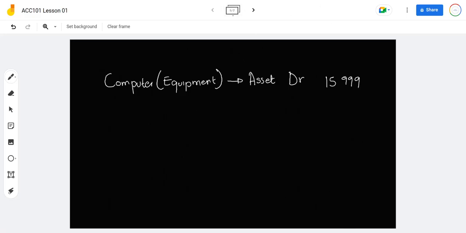All right. So what is this account? It's a creditor's control, which is a liability. And it's going to increase on the credit side by how much? 15,999.